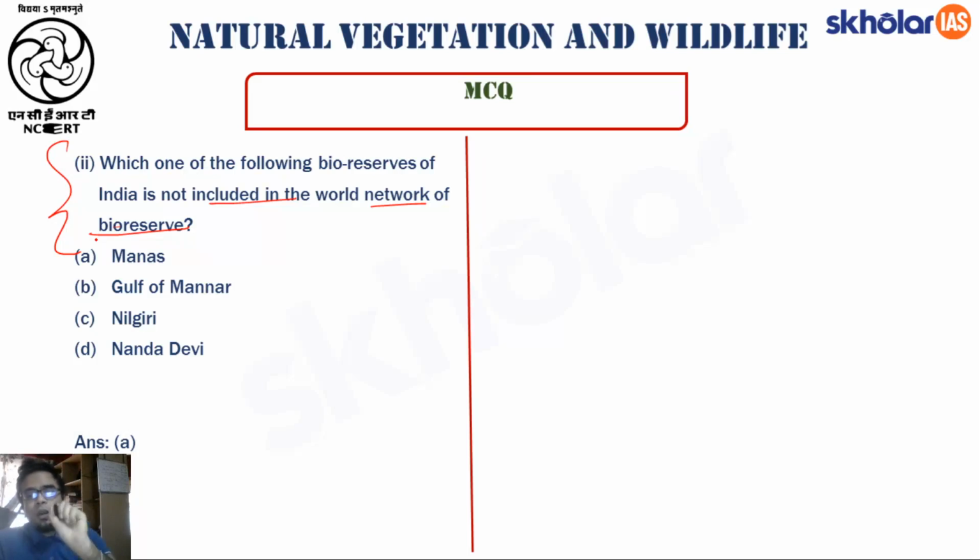Like I have already mentioned, this will be talked about in your environment and ecology subject, but if you're curious, you will go through this program when you are at home and see the 18 biosphere reserves and which are the 11 included in the World Network of Biosphere Reserves. Out of all this, Manas National Park in Assam is not included in the World Network of Biosphere Reserves. So option A is correct here.